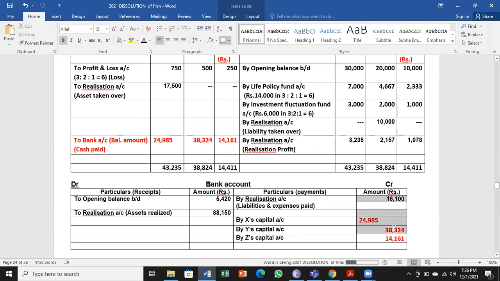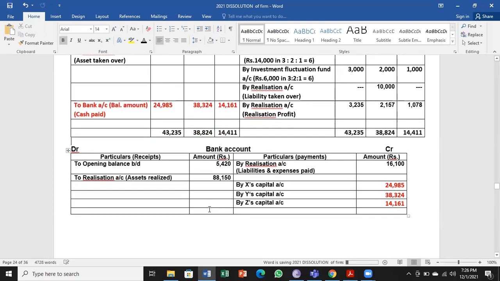So we have to check now whether the totals on both sides are right or wrong. We will come to know whether receipts and payments are equal or not. Total on both the sides.